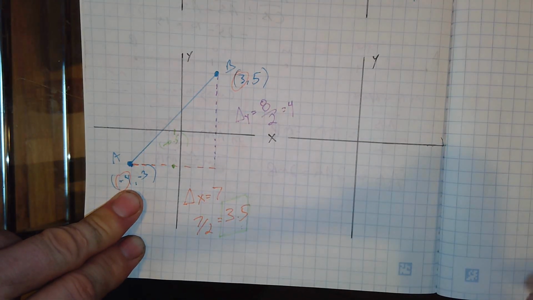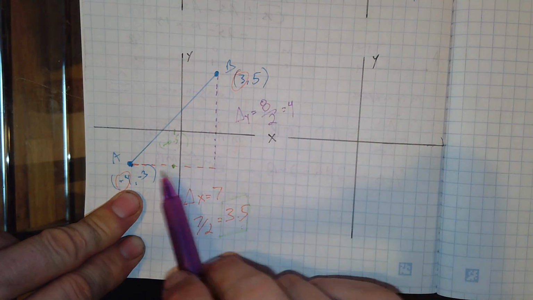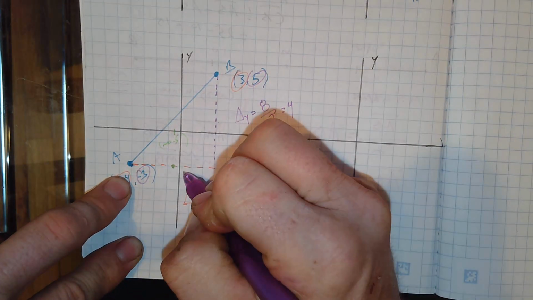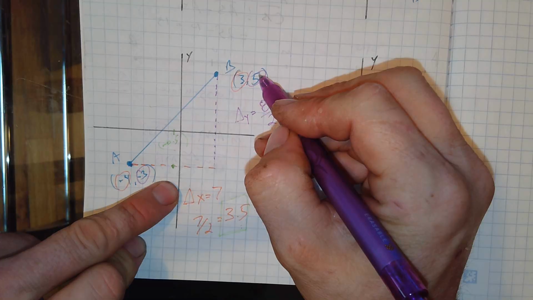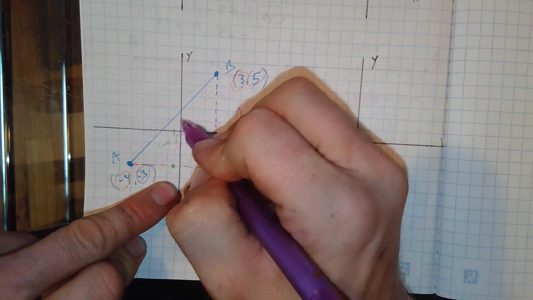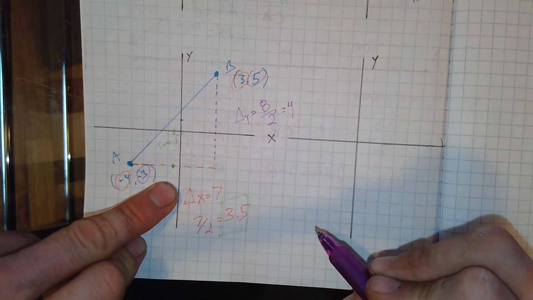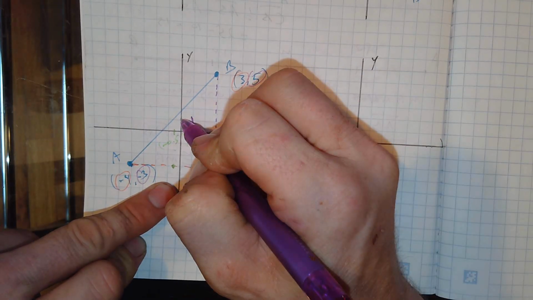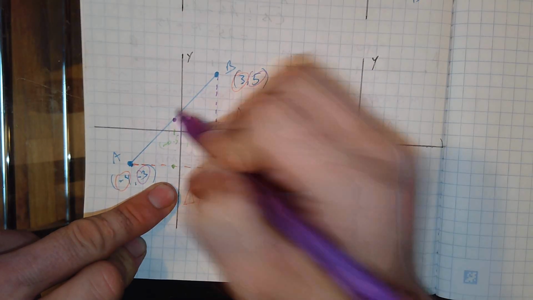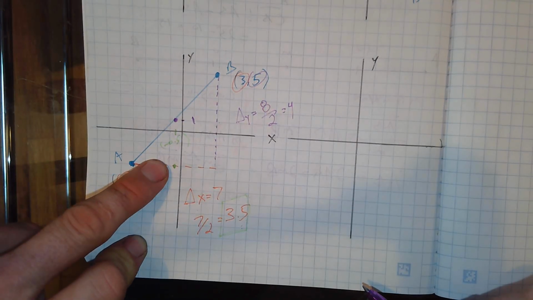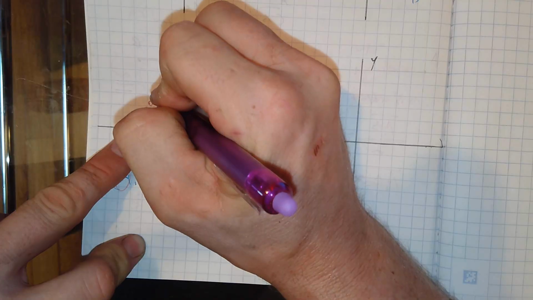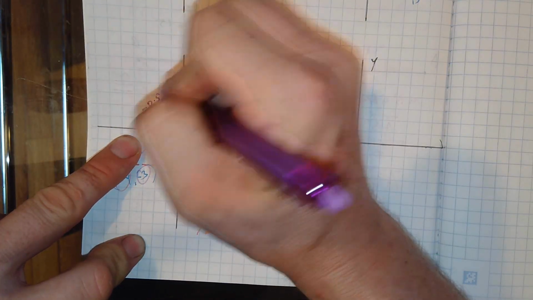So if I go 4 up from -3, I'm going to be at 1. If I go 4 down from 5, I'm going to be at 1. So right there is my y value at 1. This point right here, my midpoint M, is going to be at an x of -0.5 and a y of 1.